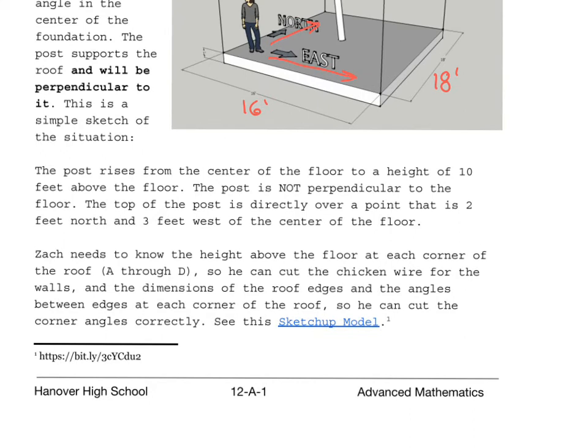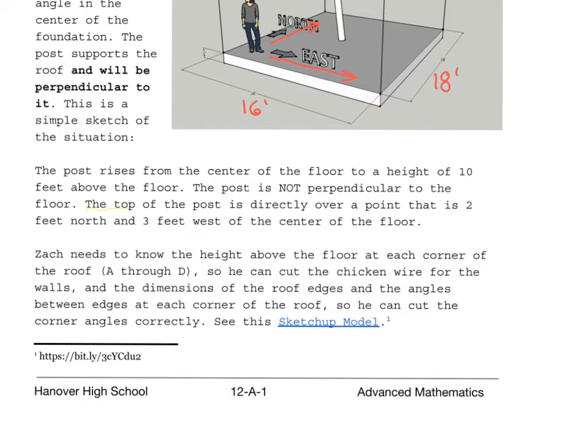As far as how exactly the pole is tipped, this line is extremely important here. The top of the post is directly over a point that is 2 feet north and 3 feet west of the center of the floor.